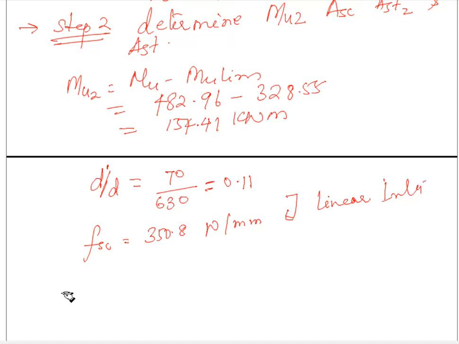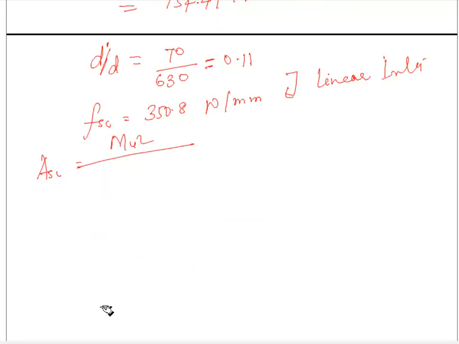So we have FSC. ASC is equal to Mu2 upon (FSC minus FCC) into (d minus d dash). FCC is the stress of concrete, use 0.446 FCK.